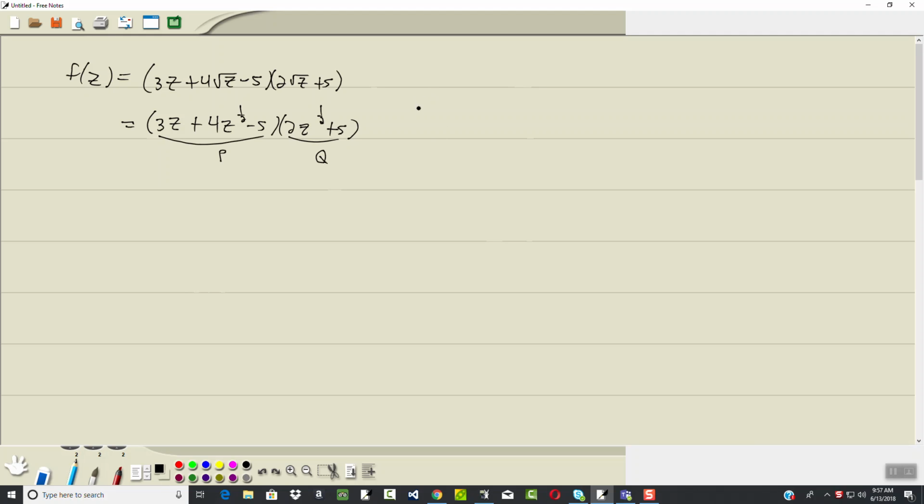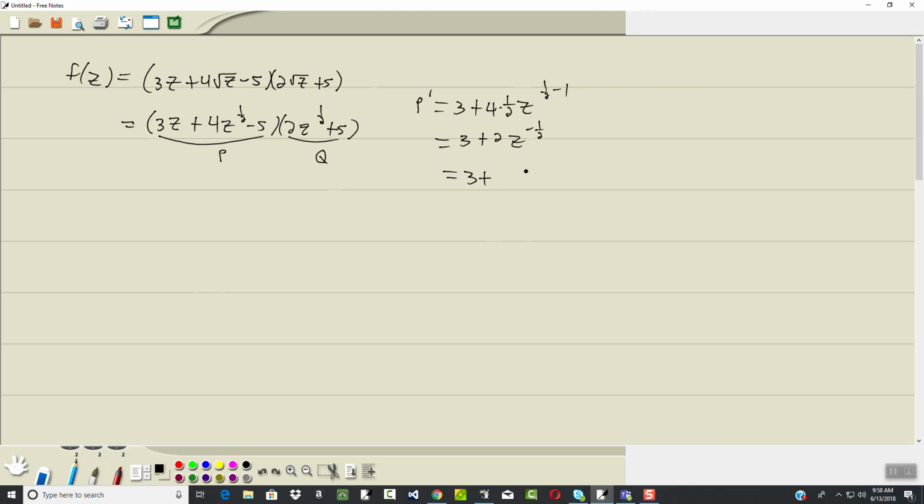So for our product rule, we need p prime. The derivative of 3z is 3. Now for this one, I have 4, and I'll take my power, put it out in front, and then lower my power by 1. And the minus 5 drops away. It gives us 3 plus 4 times 1/2 is 2, z. 1/2 minus 1 is negative 1/2.